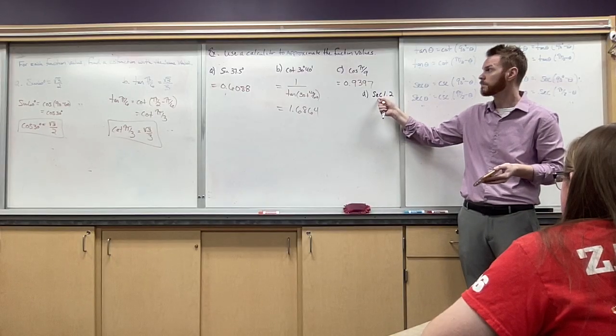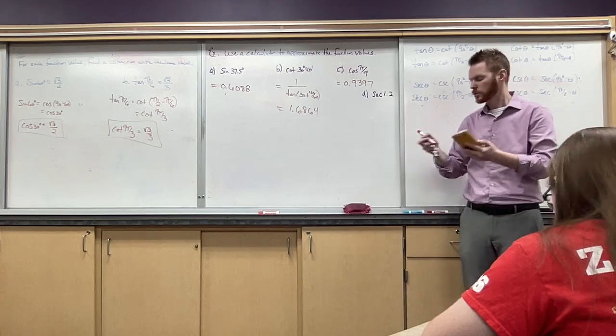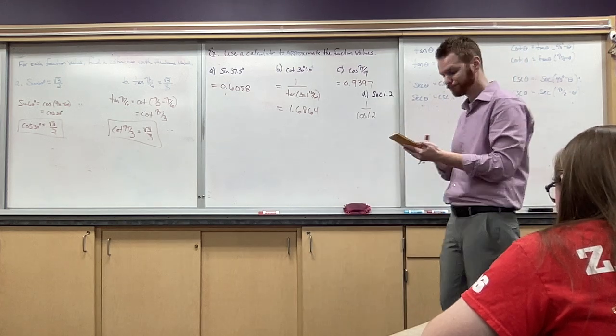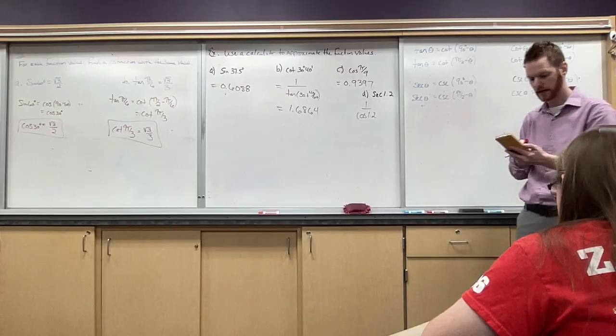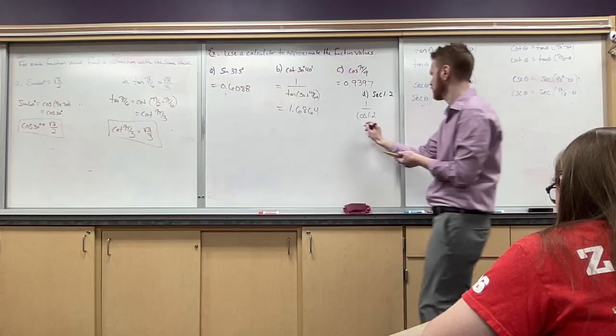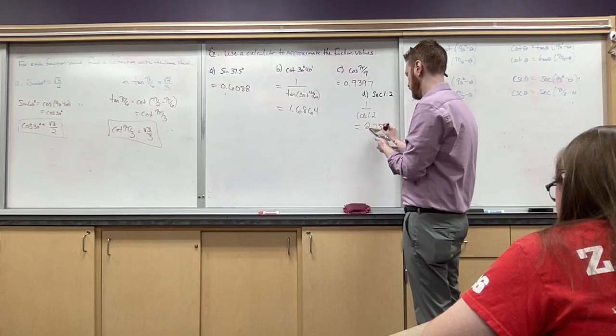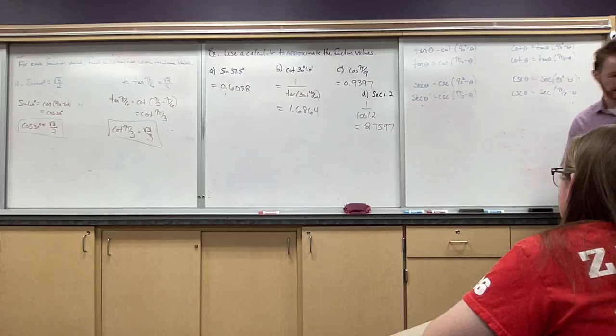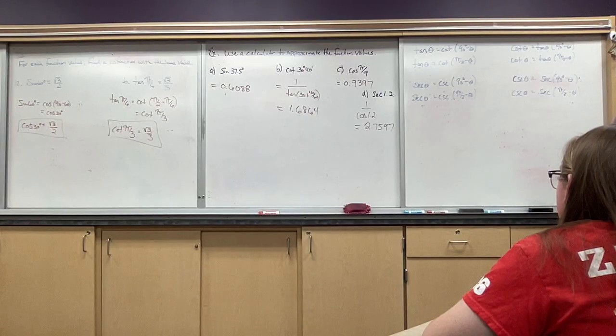Secant is the same thing as 1 over cosine. So in your calculator, you're going to type 1 over cosine and then put 1.2. So let's do that together. 1 divided by cosine of 1.2. And you get 2.7597 for that. Okay?